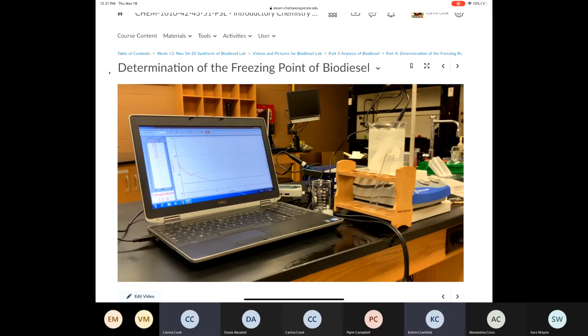I've looked all through the eLearn page this week, and I haven't been able to find it. I don't know if somebody else found that. I was able to find the pictures of the mass and stuff, but I wasn't able to find the videos of where you said the volume of each biodiesel in each cylinder.